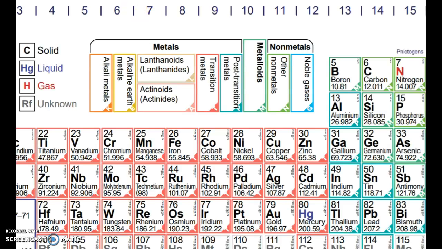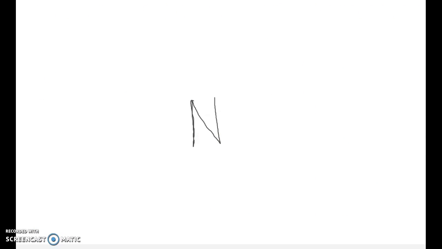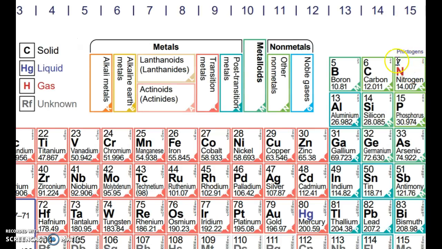Before I even start here, I need to also identify how many electrons in its valence shell chlorine and nitrogen have. So nitrogen has how many electrons? Well, let's go to the periodic table and take a look at that. We know that nitrogen is in group 15, therefore it has 5 electrons in its outer shell.